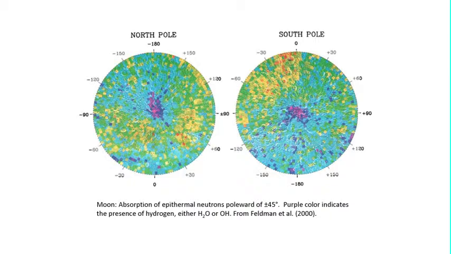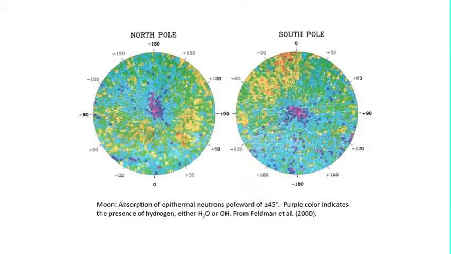This outer circle is 45 degrees latitude, and this one is minus 45 degrees. And these are some kind of projections on the poles. So purple indicates more absorption going on of these epithermal neutrons than you would get from mere soil, and it's the hydrogen atoms that are doing the absorption, so purple means hydrogen atoms.